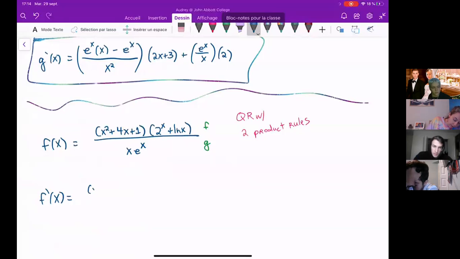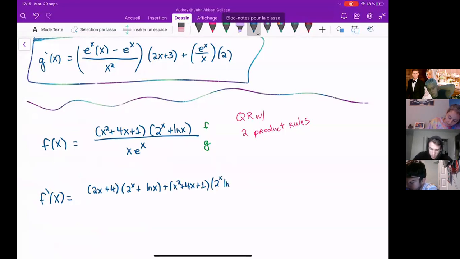I'm going to do the derivative of the top. The derivative of the top is a product rule. So it's the derivative of the first times the second plus the first times the derivative of the second, all in parentheses, times the bottom, minus the top.